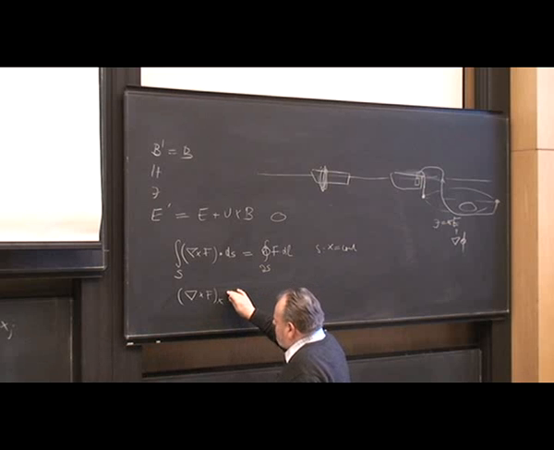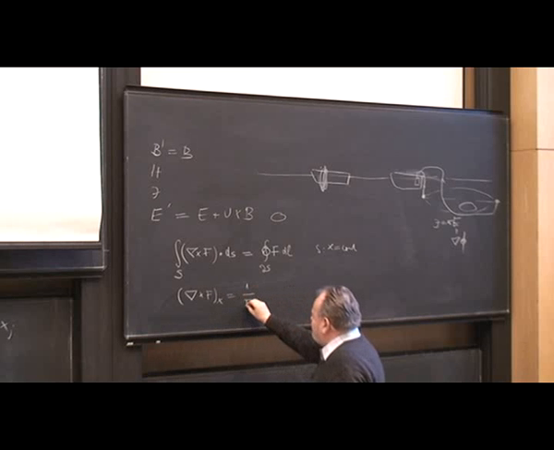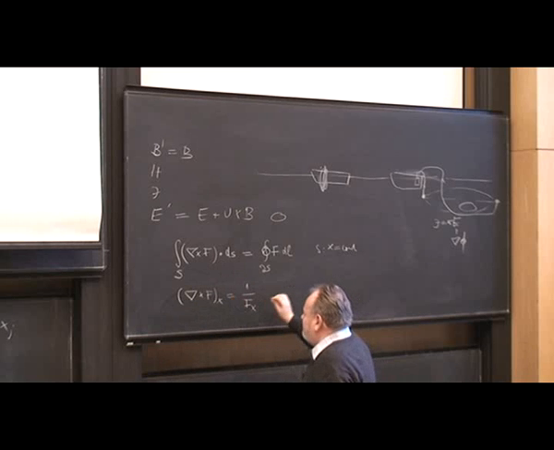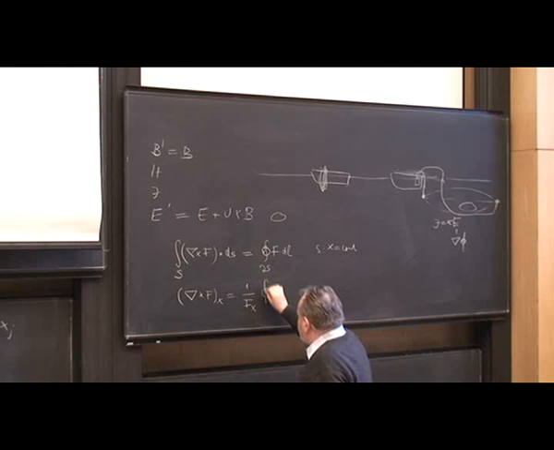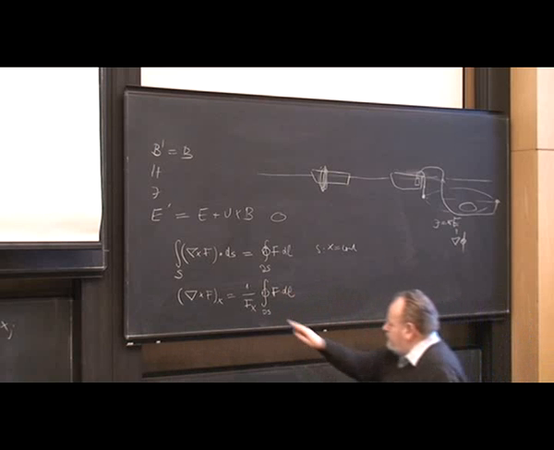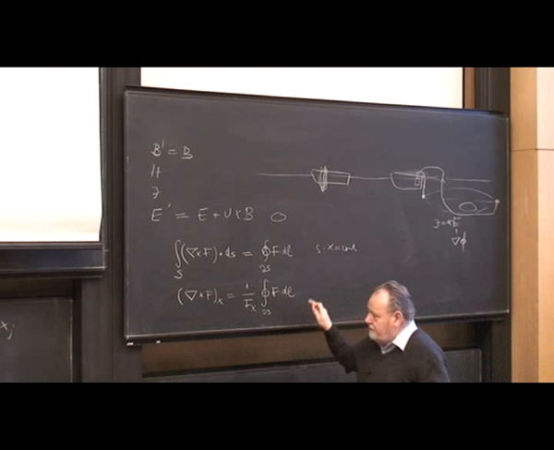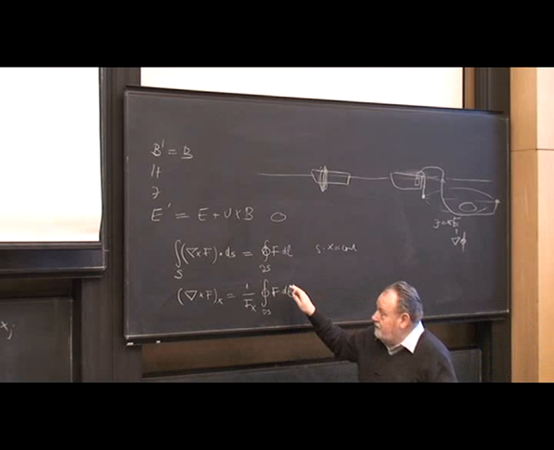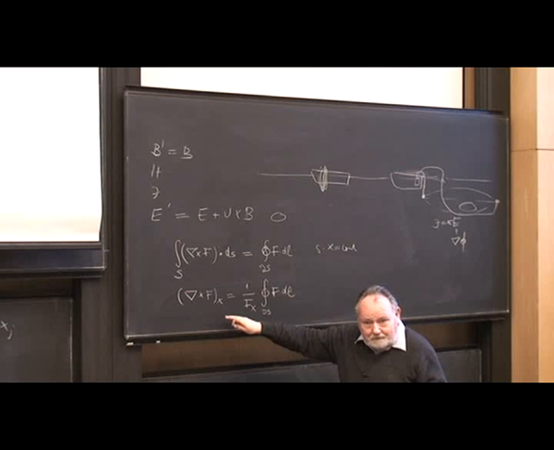Oh, it's bad that I denote the surface also with f, but this is the surface of a surface S times this integral F dl. If you go to the limit of a small surface f, then you can use this as a coordinate invariant definition of the curl.